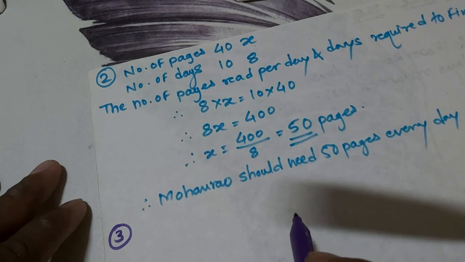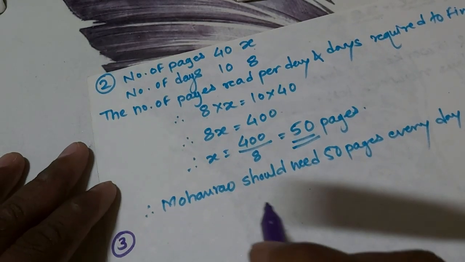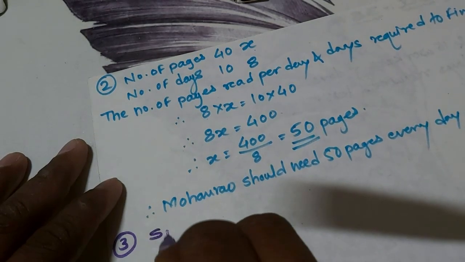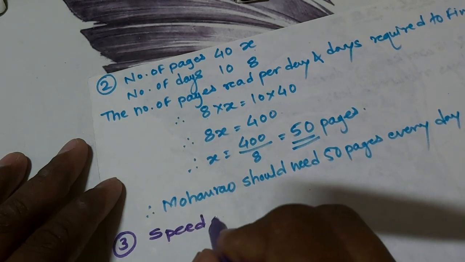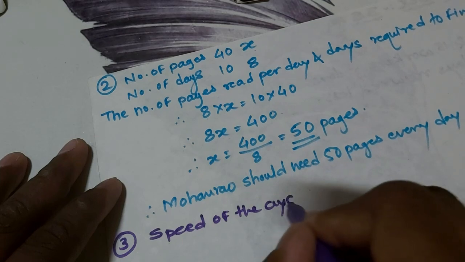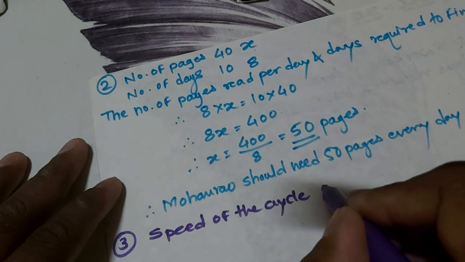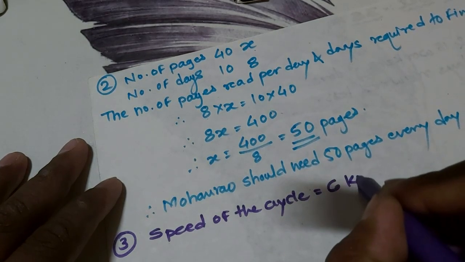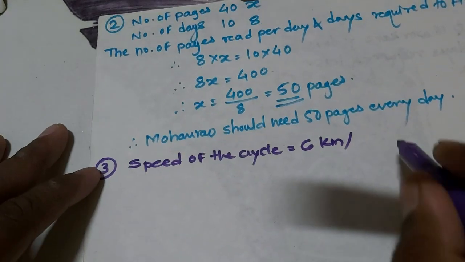First we'll write the given things, that is speed of the cycle, first that is 6 km per hour.